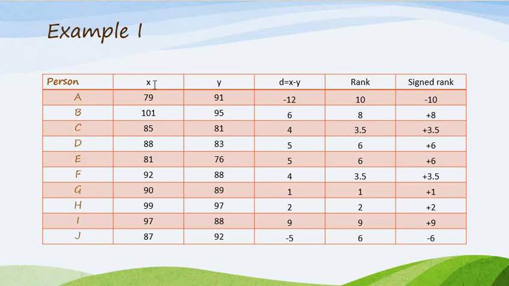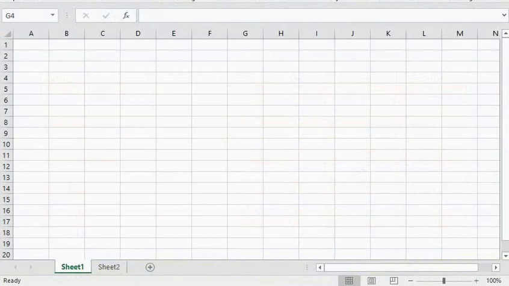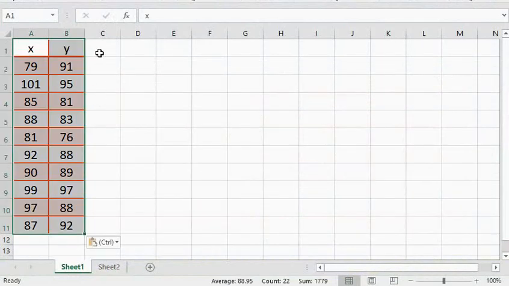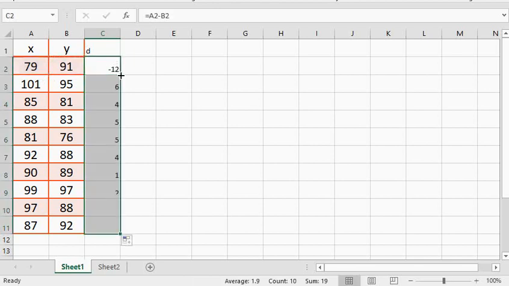Here X and Y are given. How can we rank it? I take this to the cell and calculate D, the difference, X minus Y, so this one minus this one. Only minus 12 and minus 5 are negative, and all the others are positive.